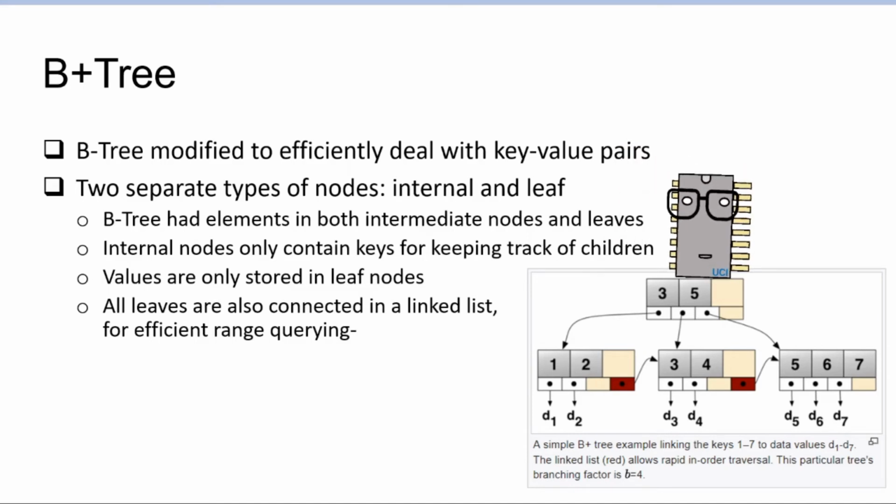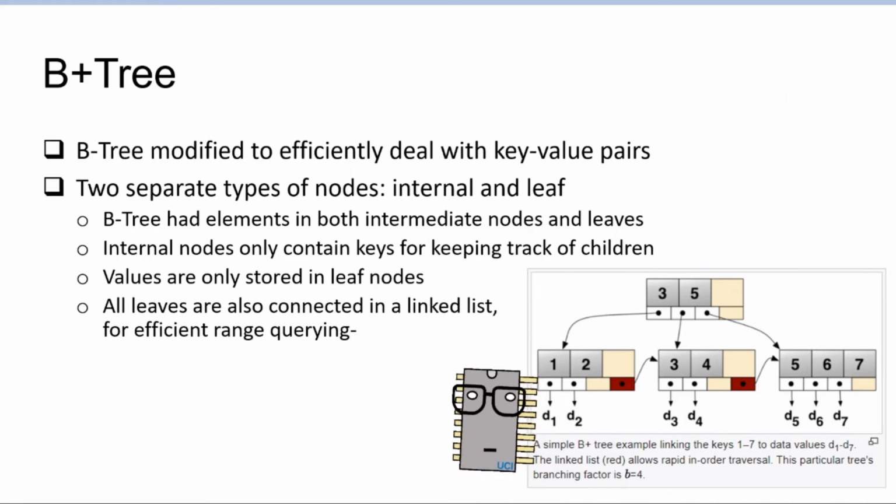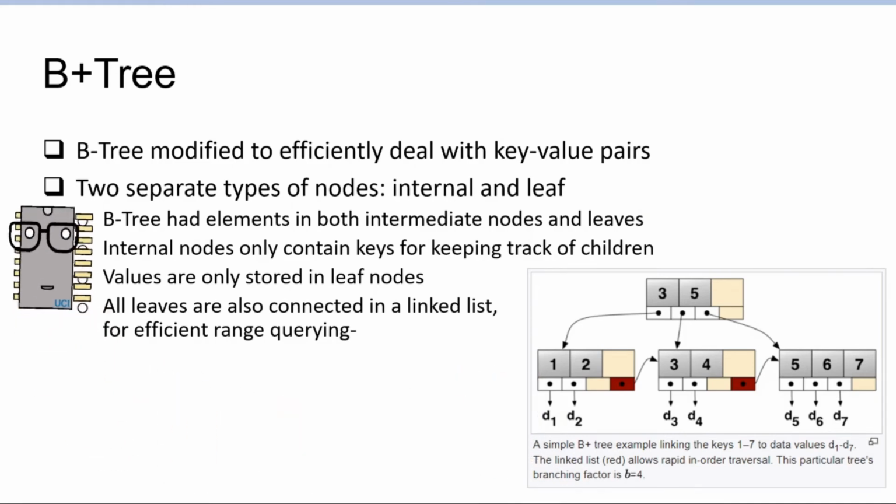Compared to the B tree, where all the nodes were just the same nodes in different locations, in B plus trees, there are explicitly two separate types of nodes: internal nodes and leaf nodes. B trees had elements in both intermediate elements that we inserted and deleted and referenced.